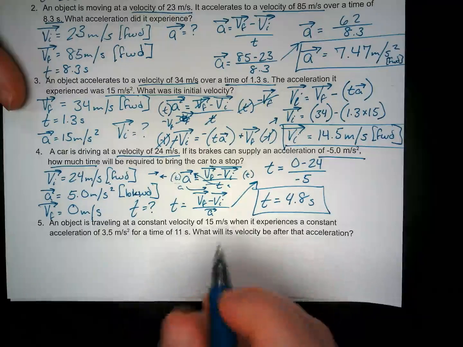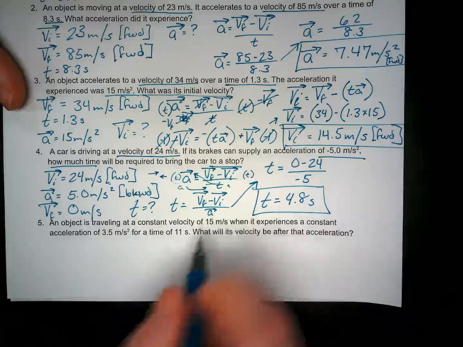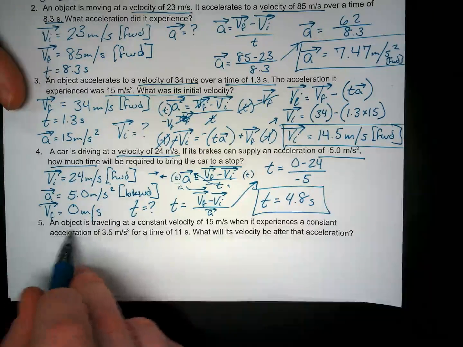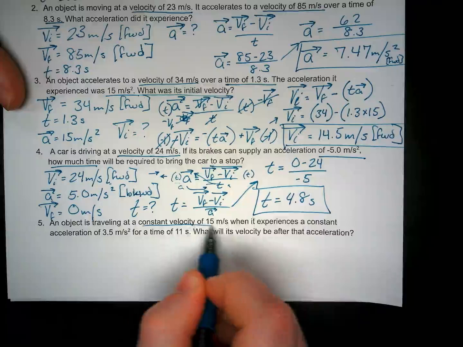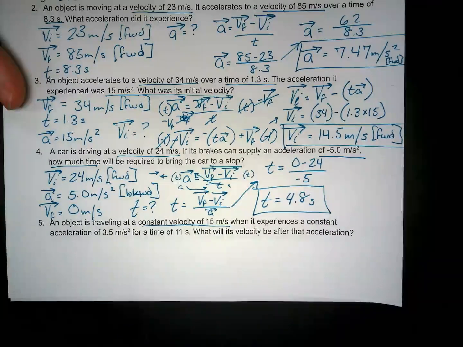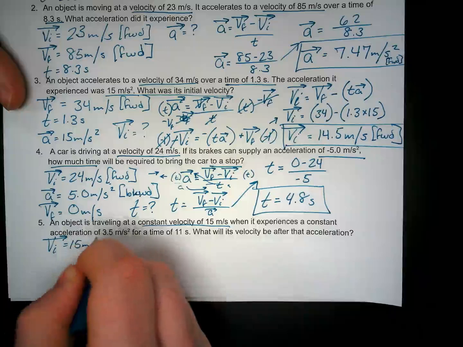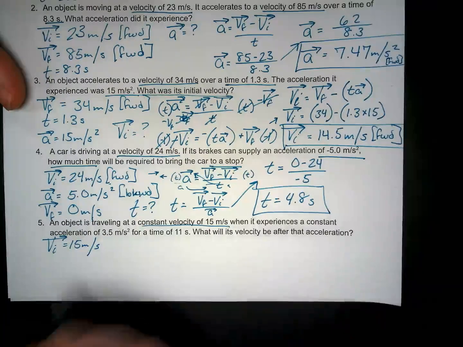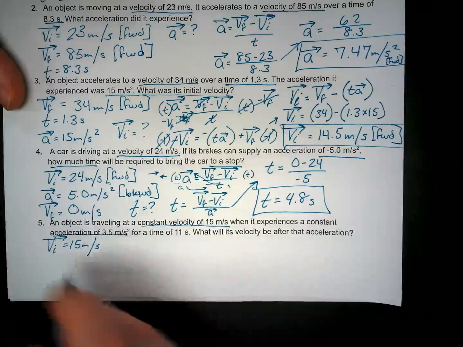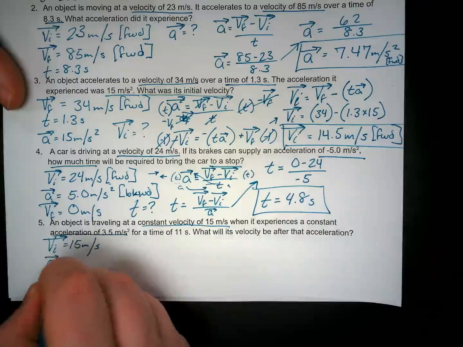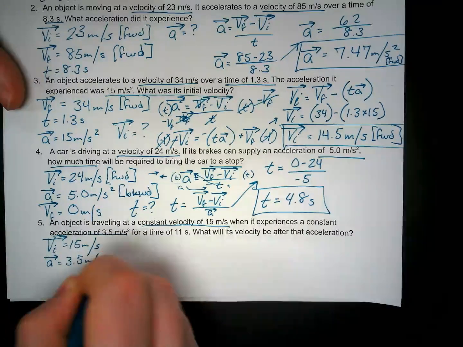So here it sounds like we're going to find final velocity, because it says an object is traveling at a constant velocity. That means we're already moving, so that's my initial velocity. When it experiences, all of a sudden it starts accelerating, it has an acceleration of 3.5 meters per second squared.